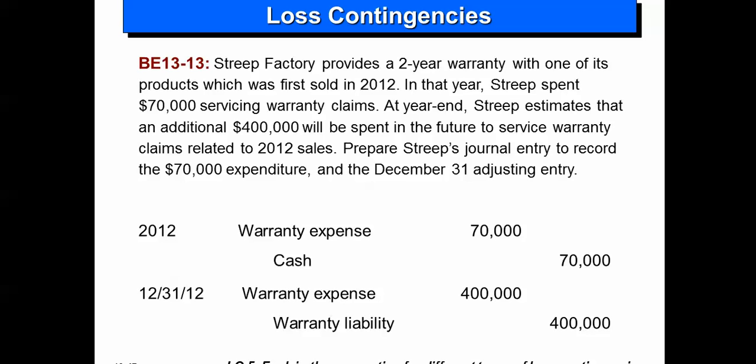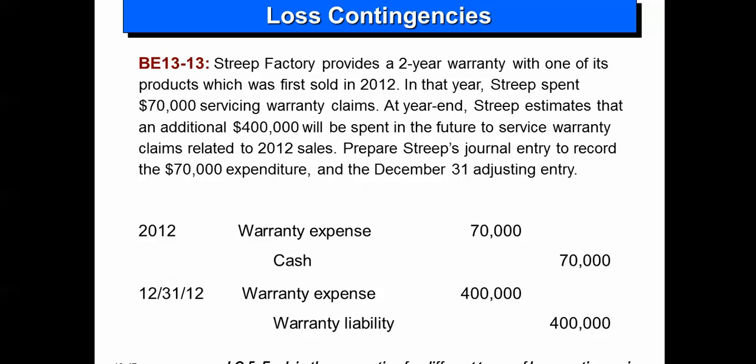But if not, one thing I want you to notice is that we credited cash. Now it doesn't have to be cash. It could be cash, inventory, or accrued payroll, right? In other words, it depends on what they're warranting. Are they warranting work? Then you have a future payroll possibility.